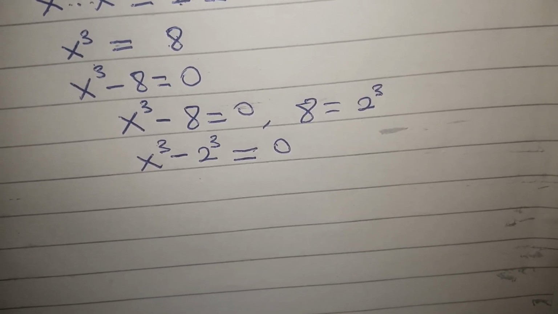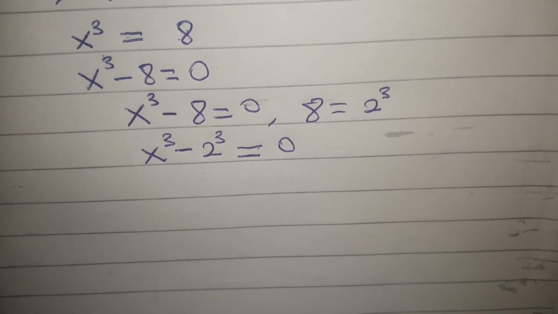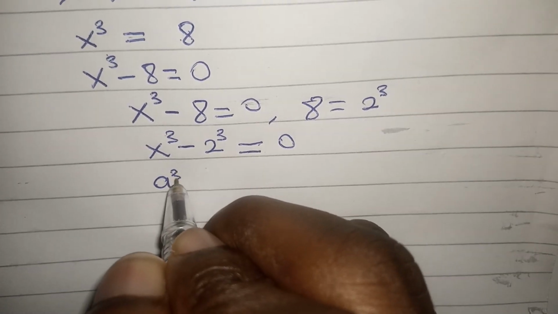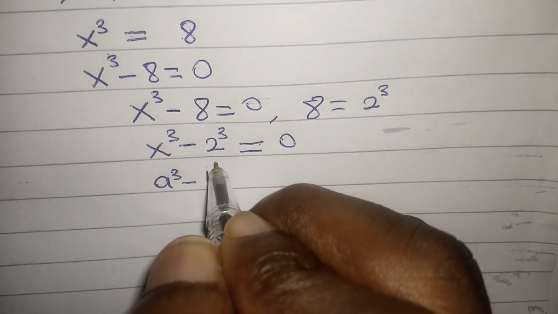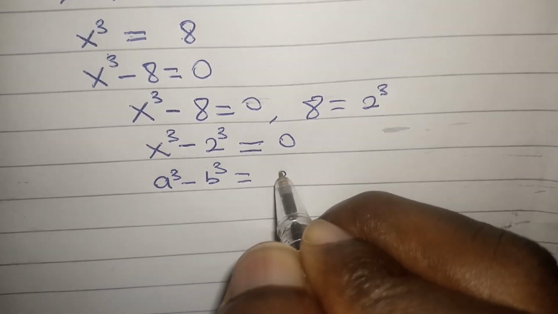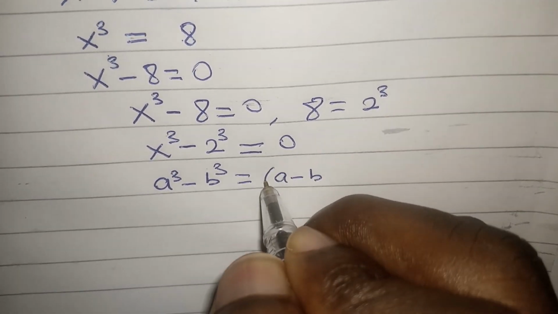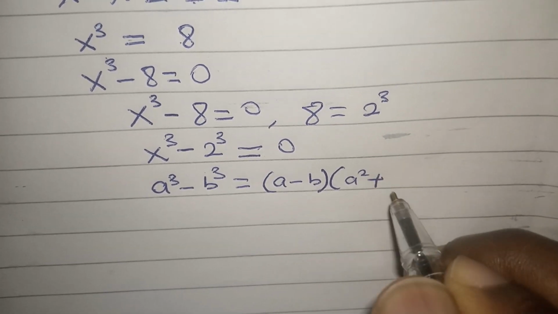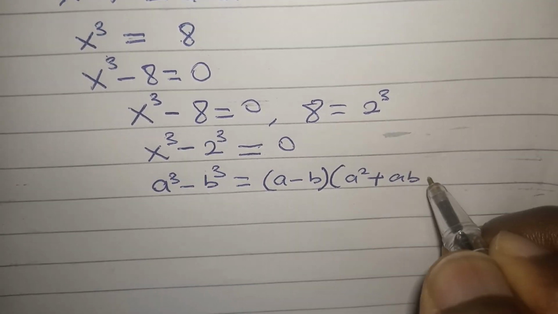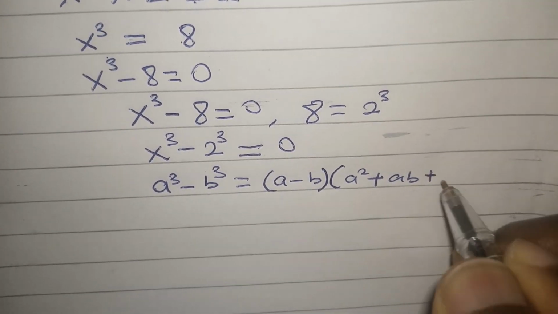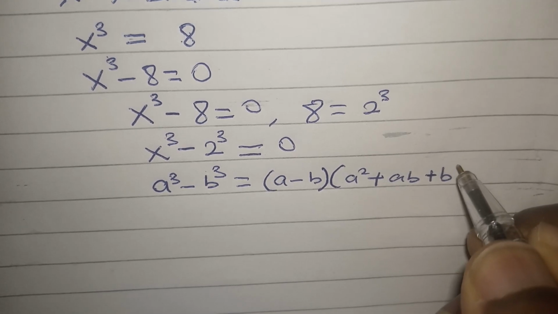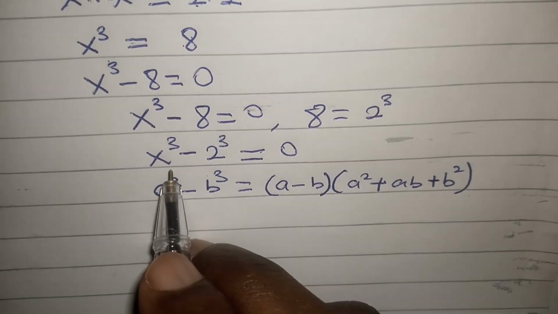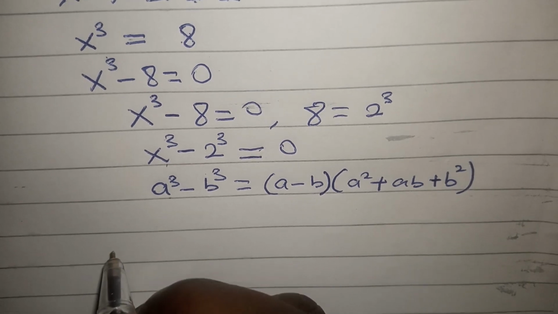From here we are going to apply a rule: a^3 minus b^3 is equal to (a minus b) times the bracket of a^2 plus ab plus b^2.